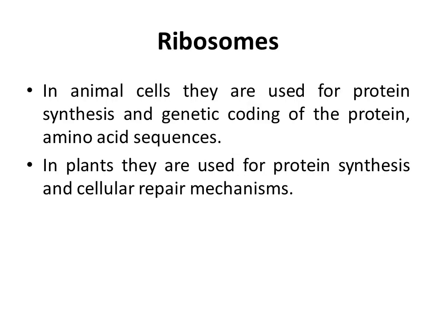In animal cells, ribosomes are used for protein synthesis and genetic coding of the protein and amino acid sequences. While in plants, ribosomes are also present, and they play a very important role in protein synthesis and cellular repair mechanisms.